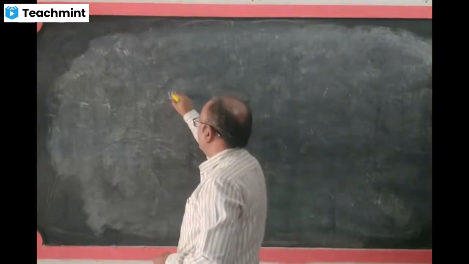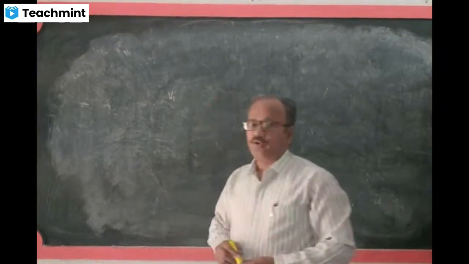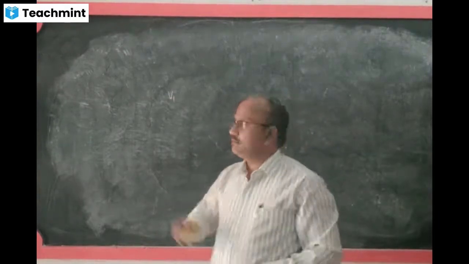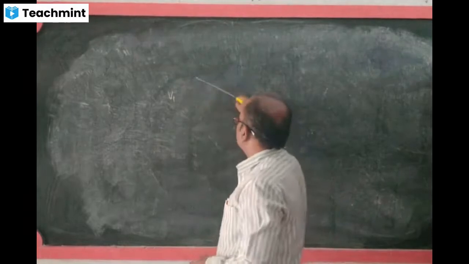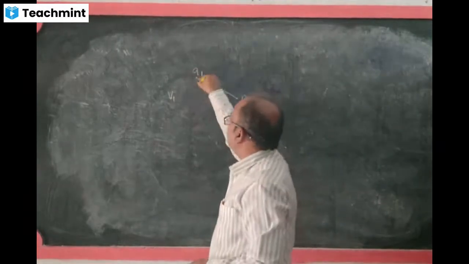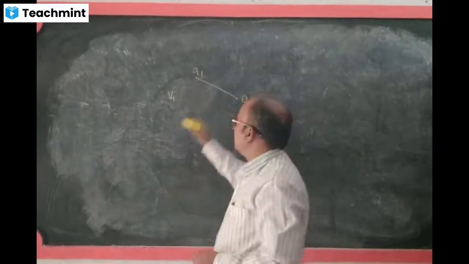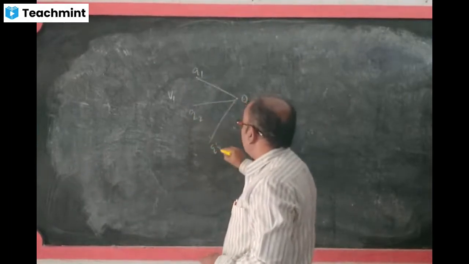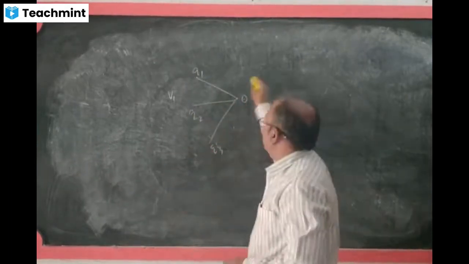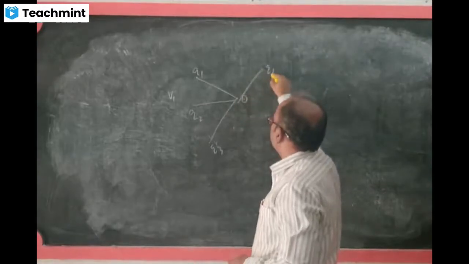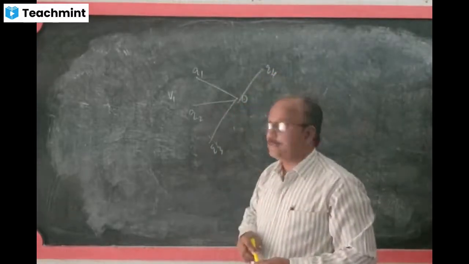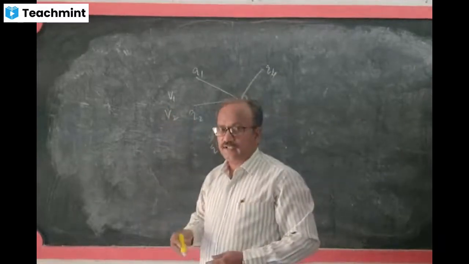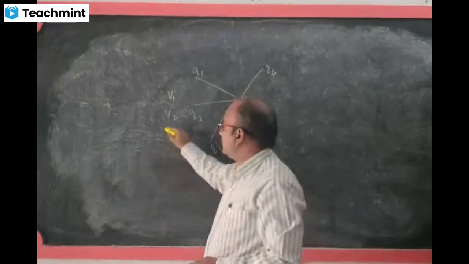Suppose V1 is the potential of the first charge at point 2. We take another charge like this, a number of charges, and V2 is the electric potential of the second charge at point 2.